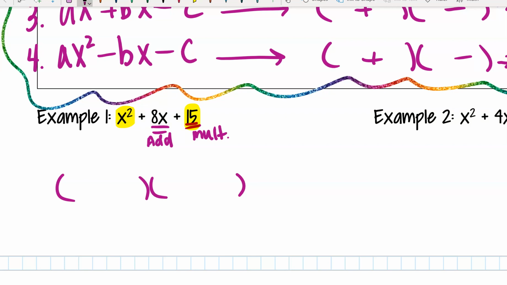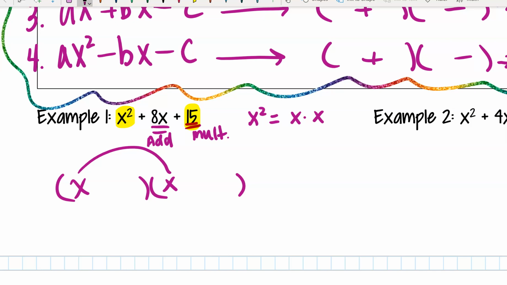The first term, because we've talked about with binomials, it's double distribution, or the smiley face, or FOIL. That first term, something times something needs to equal x squared. The only thing that I know that will give me x squared is x times x. So x times x here gives me x squared.